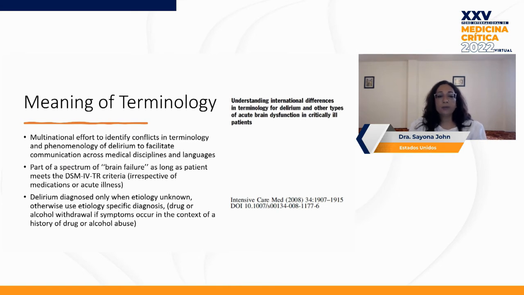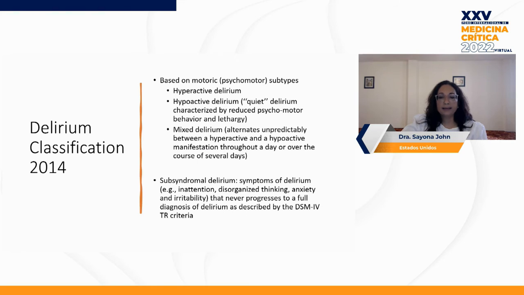That means that if there was a specific diagnosis, for instance, drug or alcohol withdrawal, or symptoms occurred in the context of a history of such drug or alcohol use, then they only diagnosed it if they understood that there wasn't an underlying lesion.